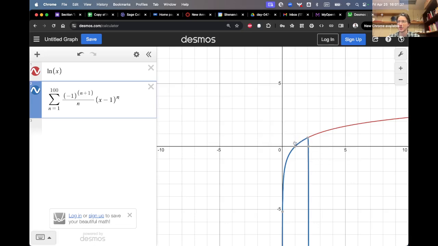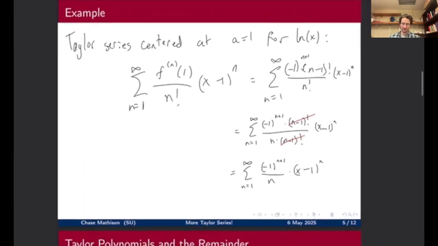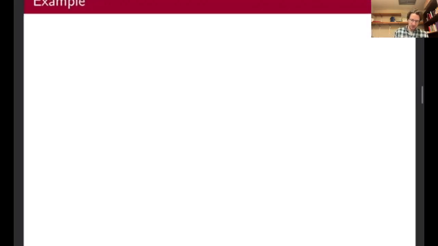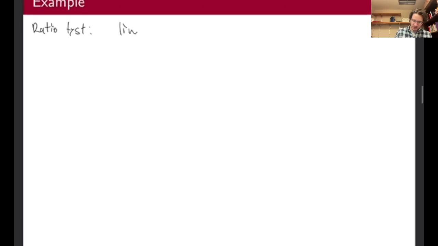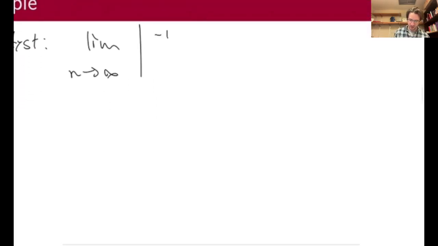So let's go and verify that by using the ratio test. Add a page here. So we want to look at the limit as n goes to infinity of the absolute value of the n plus first term, which looks like minus 1 to the n plus 2 times x to the n plus 1 over n plus 1.